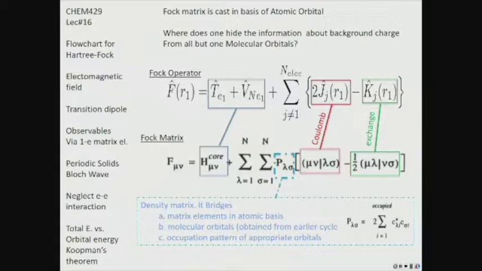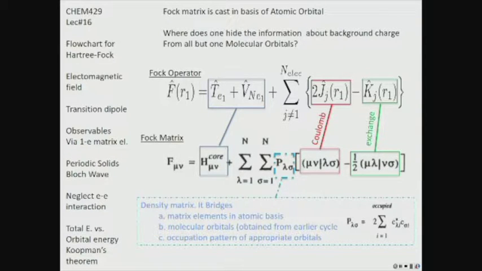There will be summation over all molecular orbital indices, and the atomic orbital indices will stay untouched. Then it will be an object that depends only on atomic indices, but it will contain information about molecular orbitals.